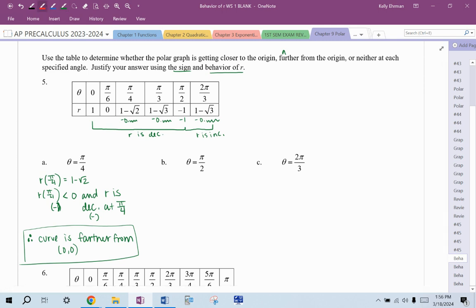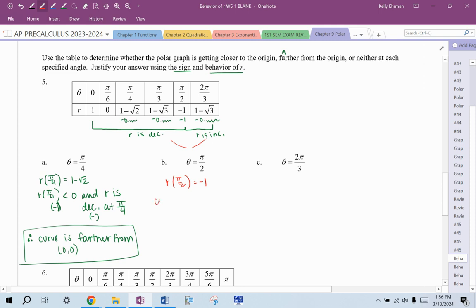What about at pi over 2? So pi over 2 is our turning point, right? r of pi over 2 is equal to negative 1. But can you classify pi over 2 as increasing or decreasing? No, it's where the graph switches from decreasing to increasing. So it's actually a relative minimum.